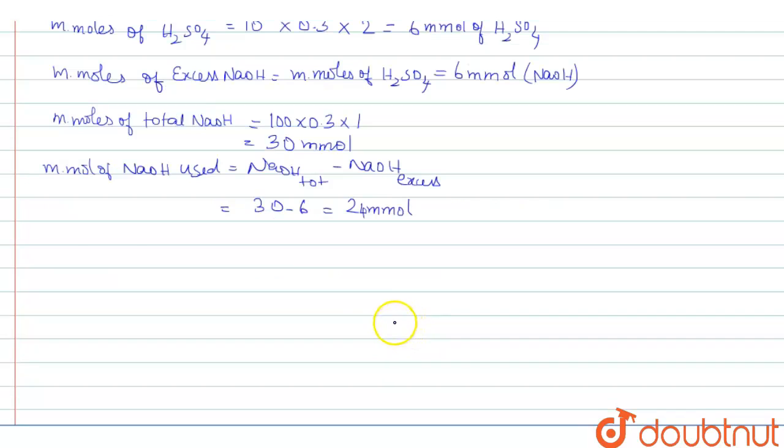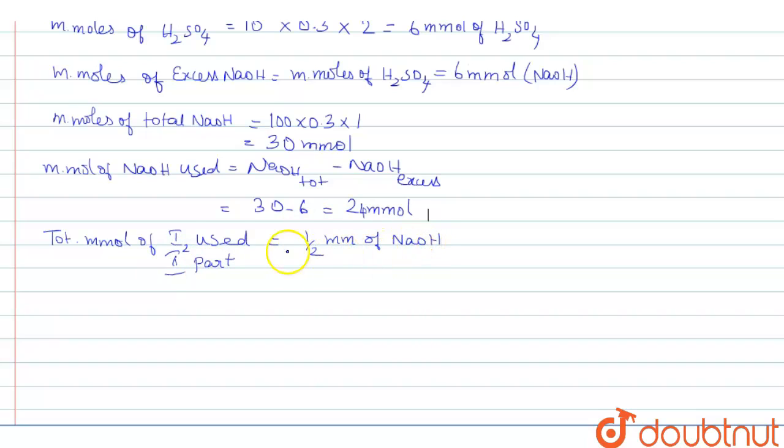The next thing I am going to calculate is the total millimoles of iodine used in the reaction, by adding the iodine used in both parts. Before that, the total moles of iodine used in the second part will be, as you know from the reaction, half of the millimoles of NaOH.